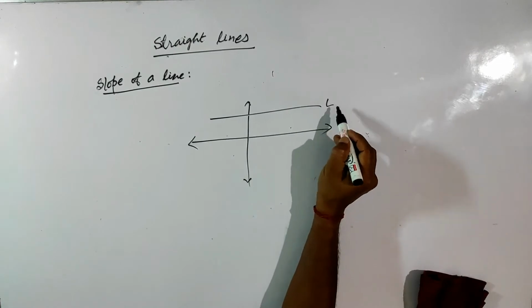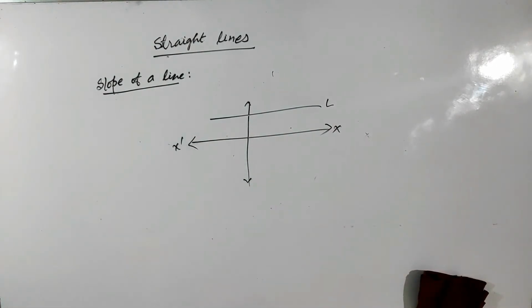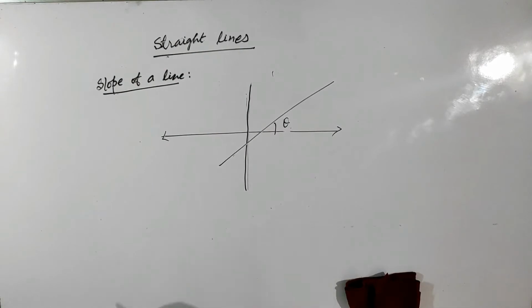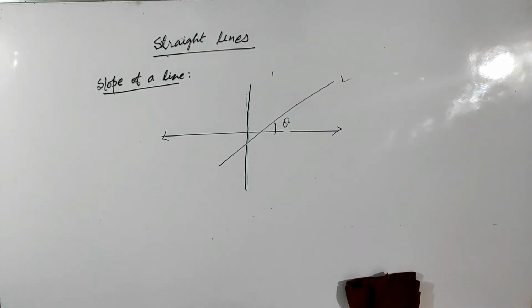If this line L is parallel to the x-axis, then the inclination is 0. Theta is the inclination of line L.